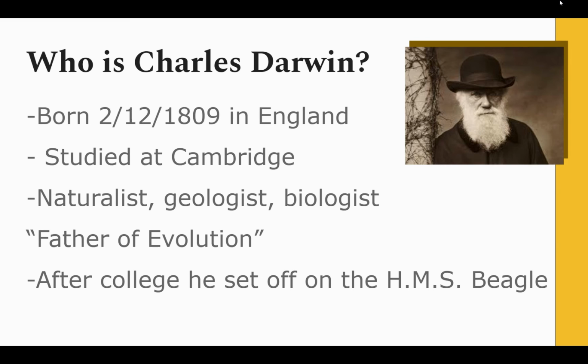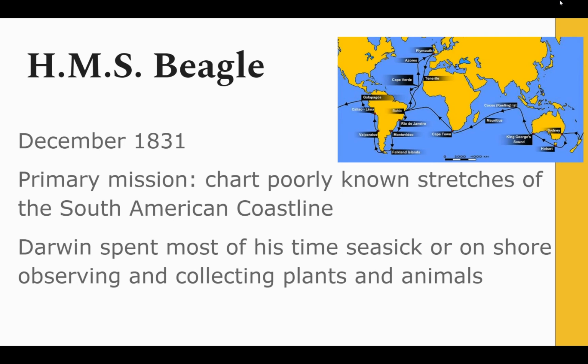So, what was the HMS Beagle like? It set sail in December 1831. And its primary mission was to chart poorly known stretches of the South American coastline, right? So it started up here in Europe, right?